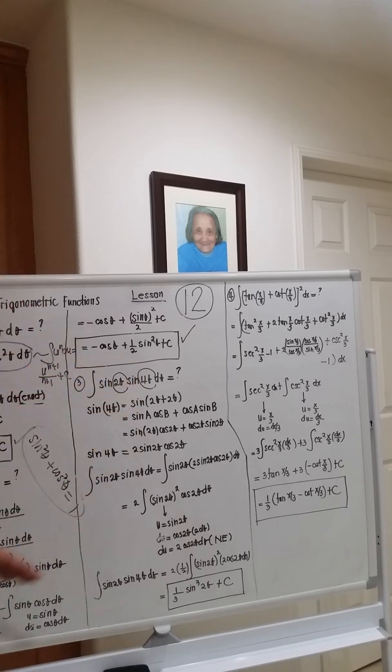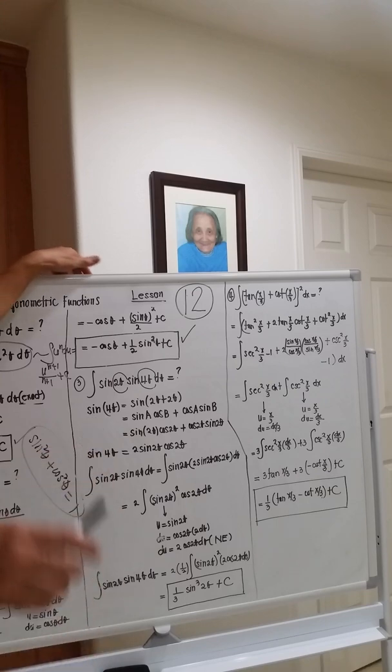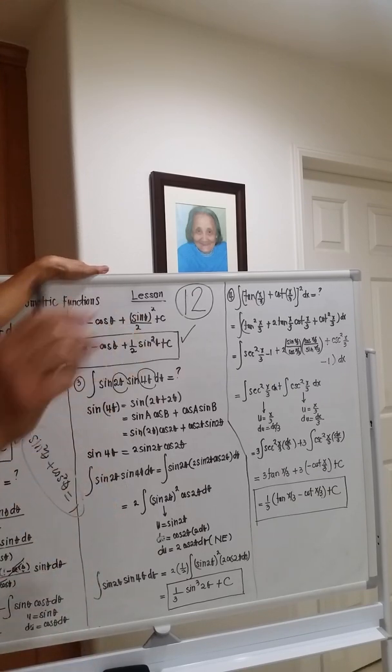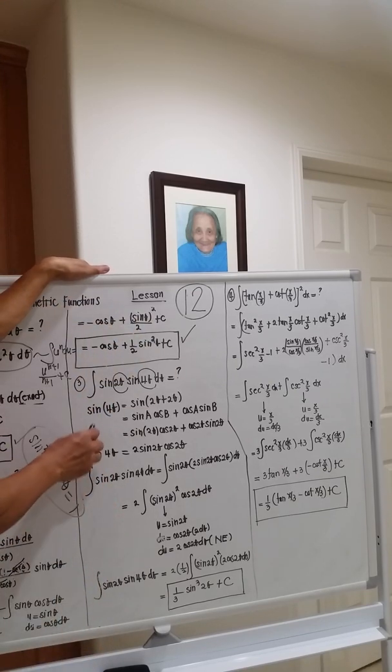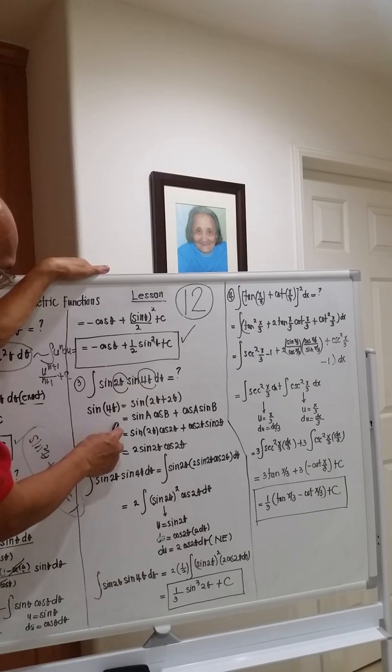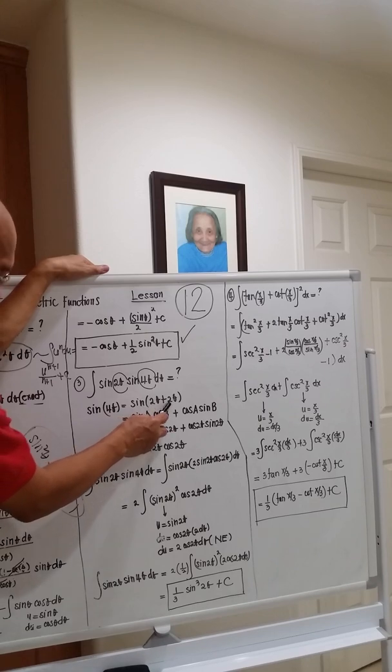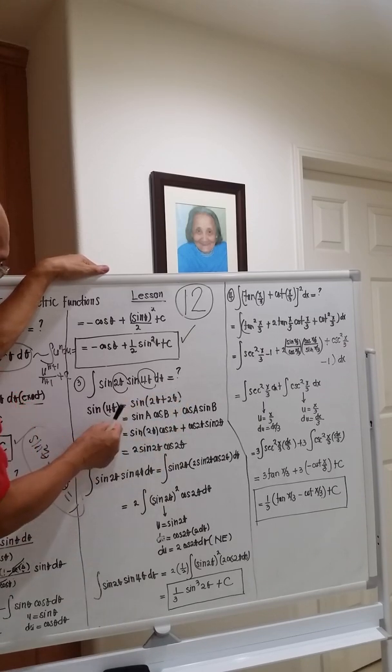To do this, we will recall the formula for a double angle under trigonometry. That is, sine of 4 theta is 2 theta plus 2 theta, right? 2 plus 2 is 4 theta.